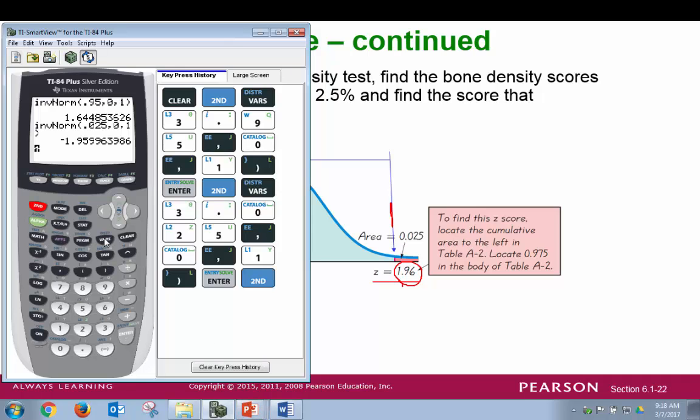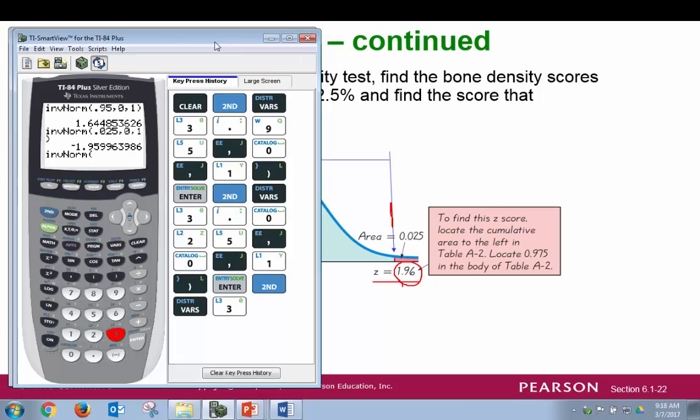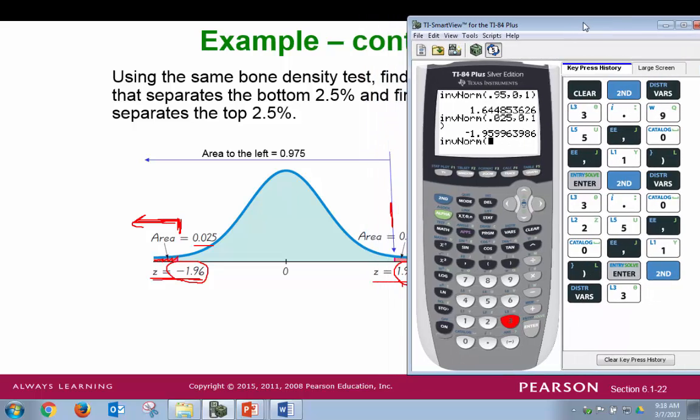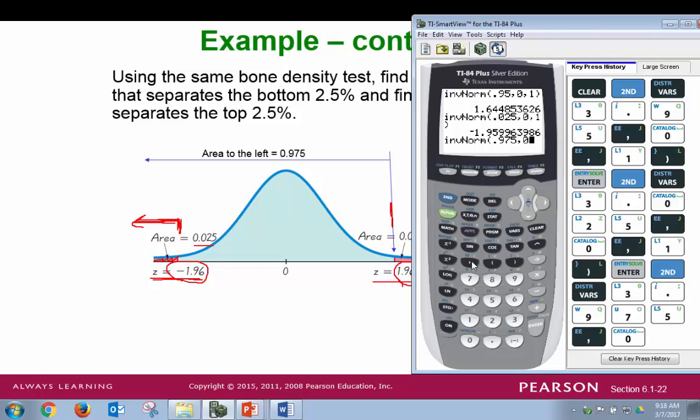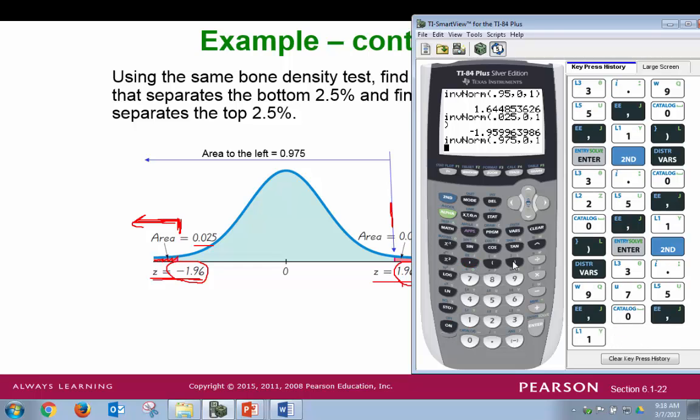So second function, vars, number 3, and this time the area to the left is 0.975, comma, we have our mean, which is 0, comma, our standard deviation, which is 1, and then we're going to get the same number except it's positive.